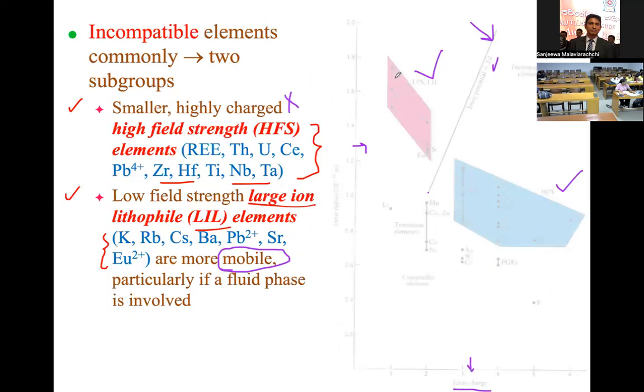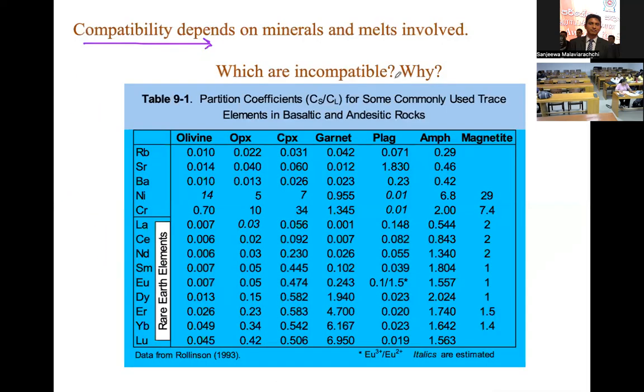There are several things that we have to consider. Actually they are determined based on what type of materials they are involved in, right? Melt composition, and mineral. What is the mineral, right? Because based on those only, these elements' preference is determined, right?